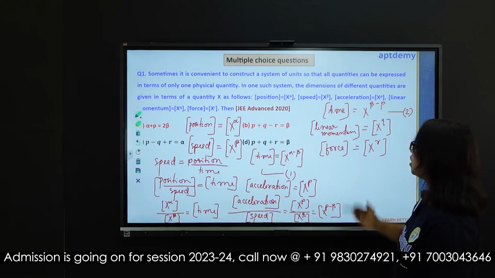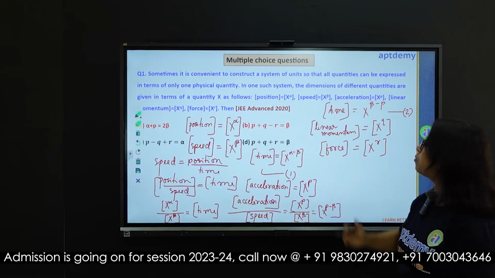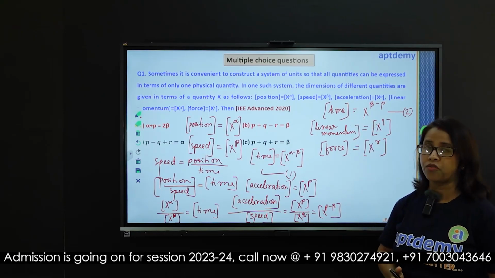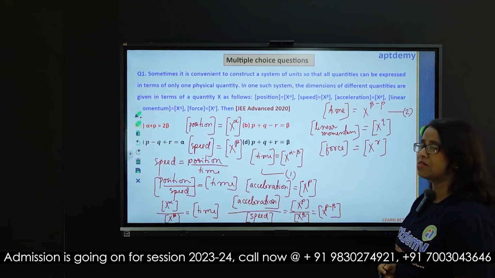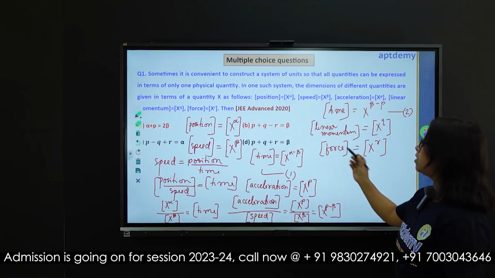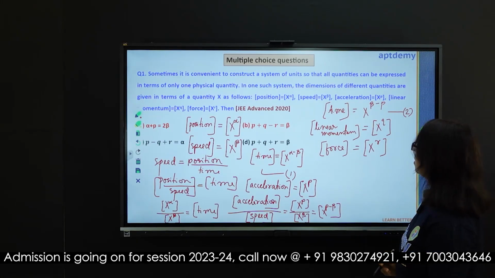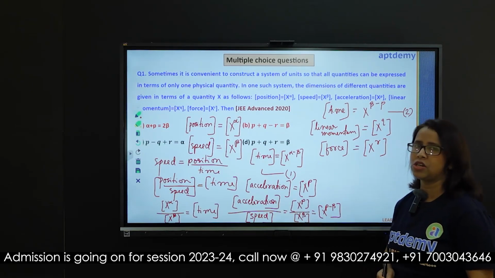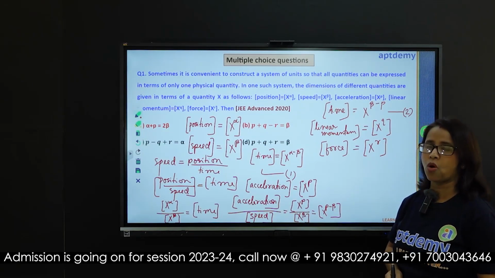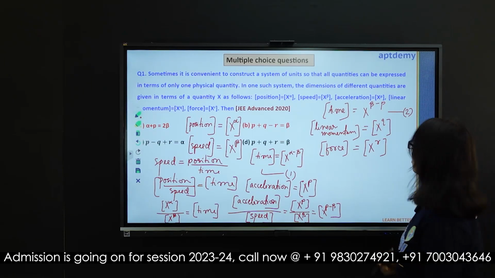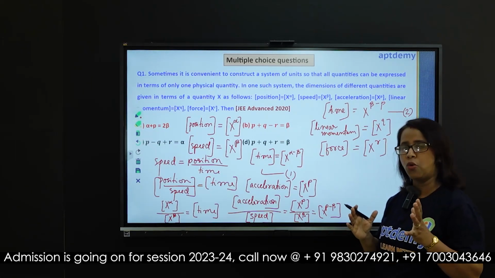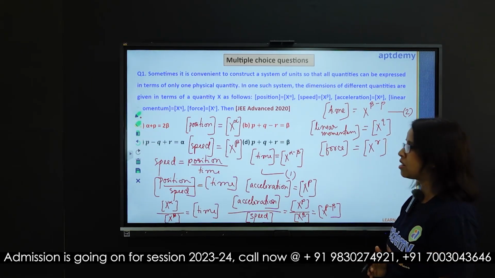So if you try to understand how we can express them in terms of time, this is mass times the velocity and this is mass times the acceleration, and we already know that speed by acceleration has the dimensions of time. So a similar keynote will be applied in this case as well.